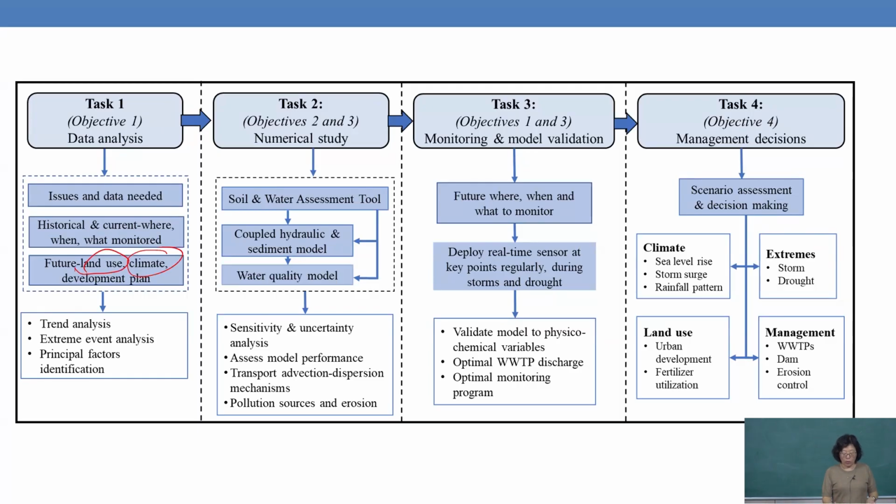Before that, we also do trend analysis, looking at the historic data, which is very important, and then extreme events, of course, to identify the key or principal factors. So for the first part, we did all of those analyses.